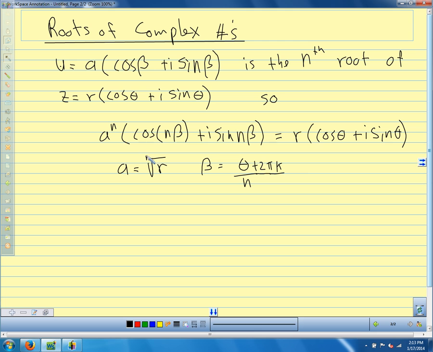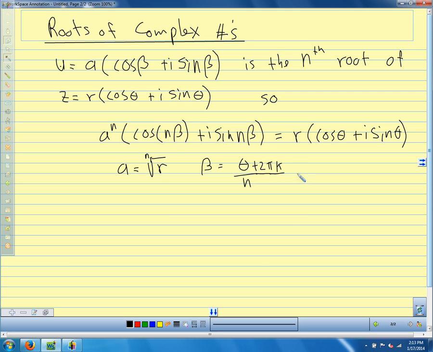So in order for this number to be an nth root, these things have to be true. And this 2 pi k lets us get all of the coterminal angles of theta. My n is not coming out really well here. There, that looks better.